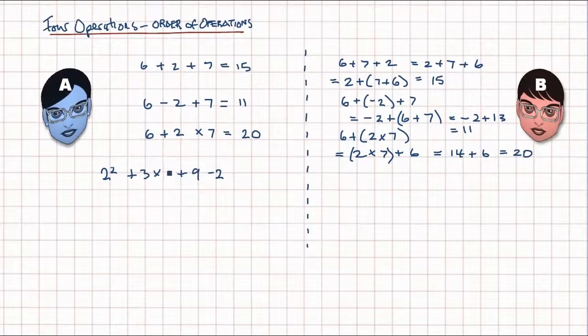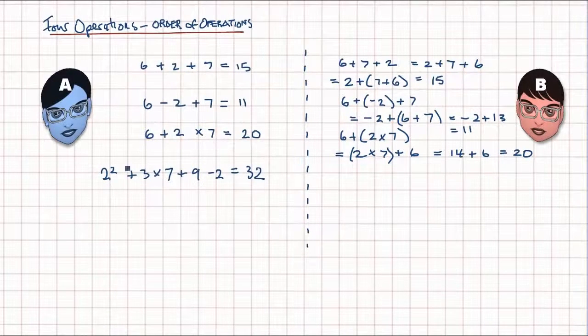What we mean by this is 2 squared, which is 4, plus 21, 3 times 7, so that's going to be 25, plus 9 is going to give us 34, and subtract 2 will give us 32.